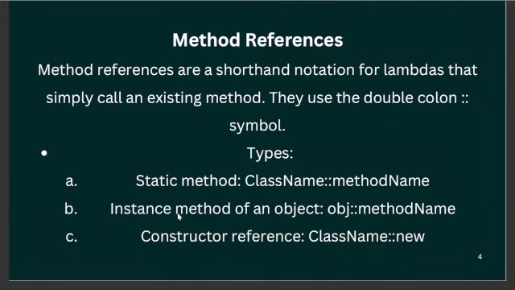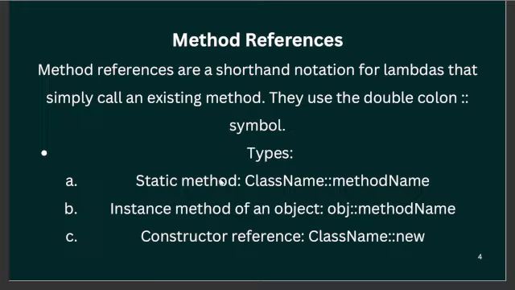The next topic will be method references. It is a shortcut for lambda expressions when you just want to call an existing method. Method references are a shortened notation for lambdas that simply call an existing method. They use the double colon symbol. The first is a static method, the second is an instance method, and the third is a constructor reference.